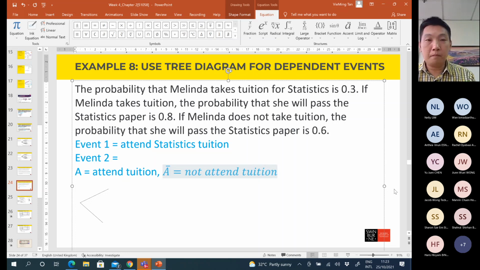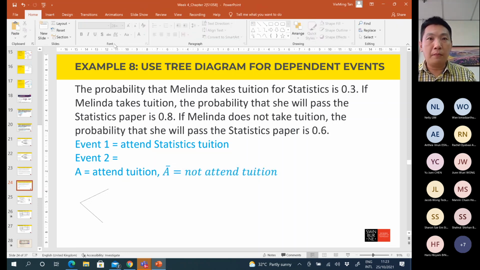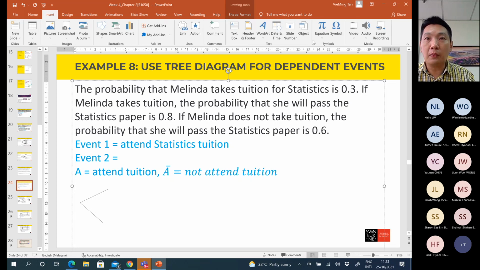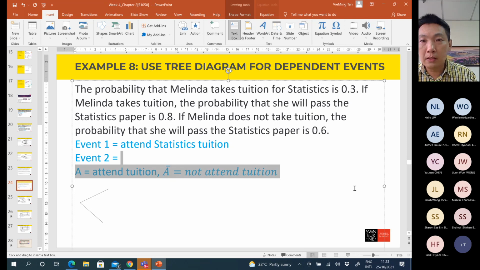And from this sentence also, I can start to write down the probability value as well. Just a draft, no need to show to the examiner, just for our own reference.